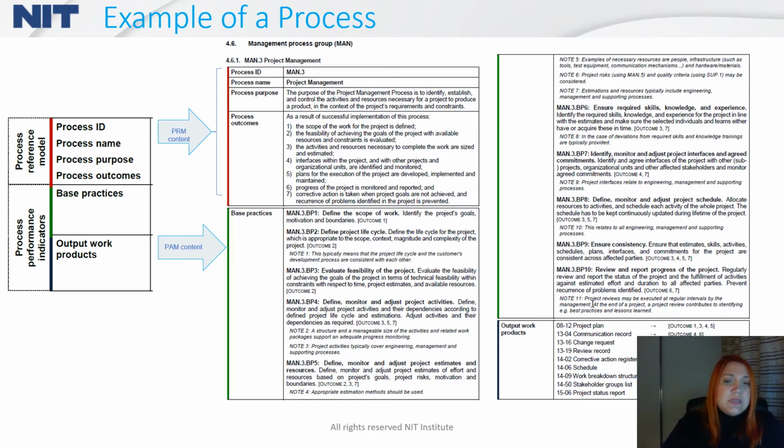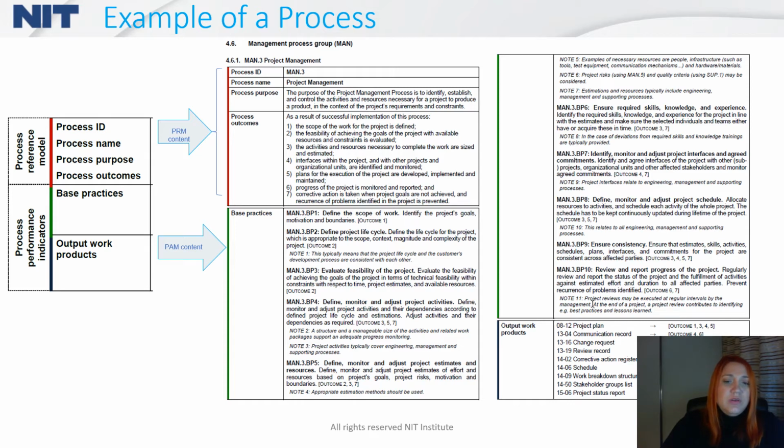All those steps described here in the base practices are not mandatory to be fulfilled, but they will for sure be checked while performing the assessment. It means that you are not obliged to have all the listed best practices in your company, but you are obliged to have these 7 outcomes listed here.